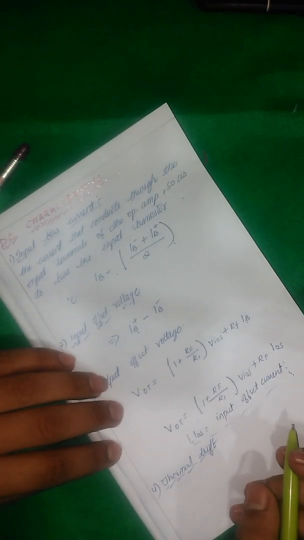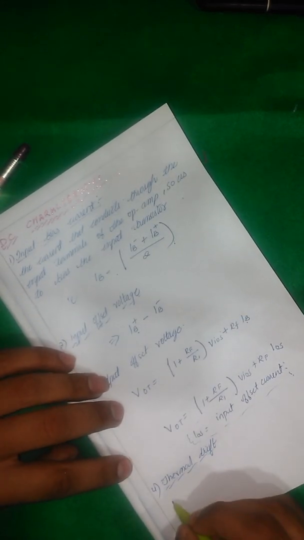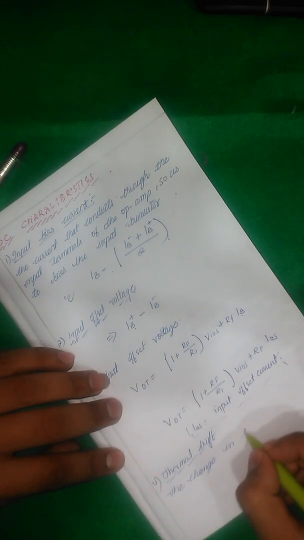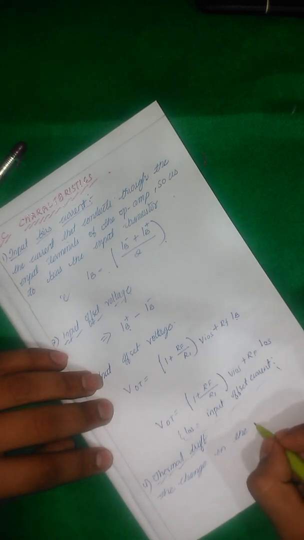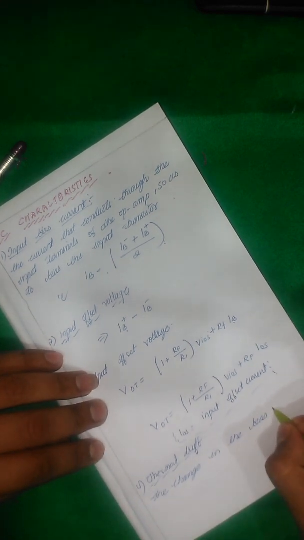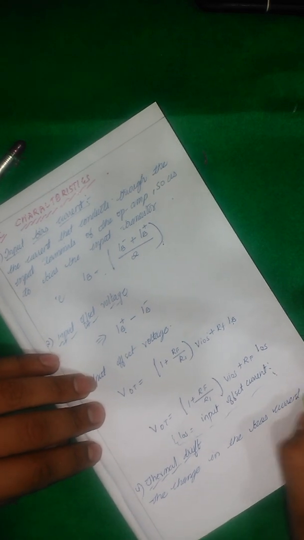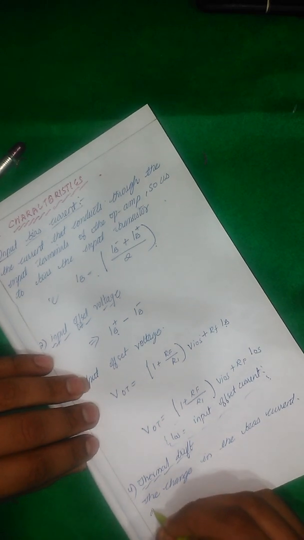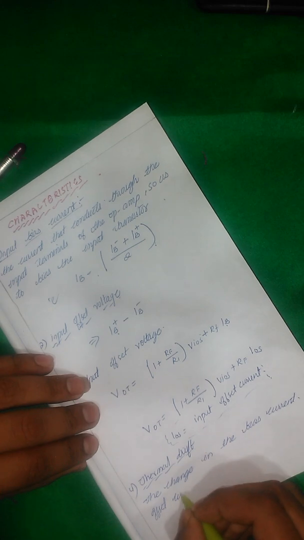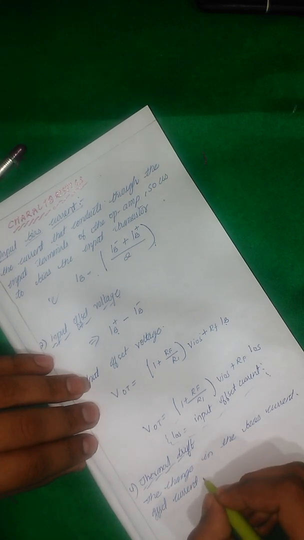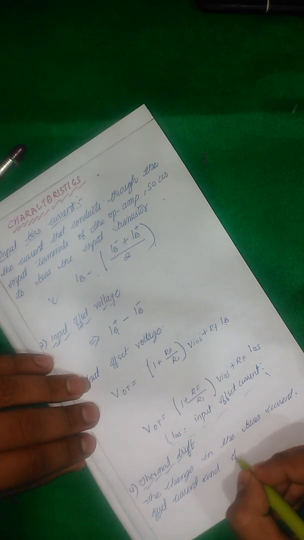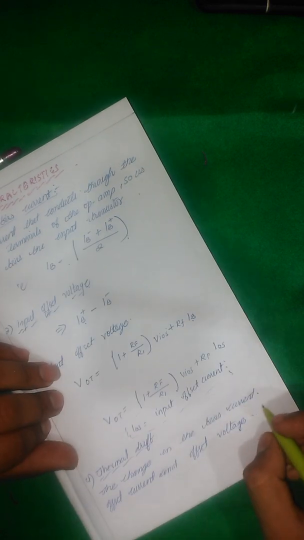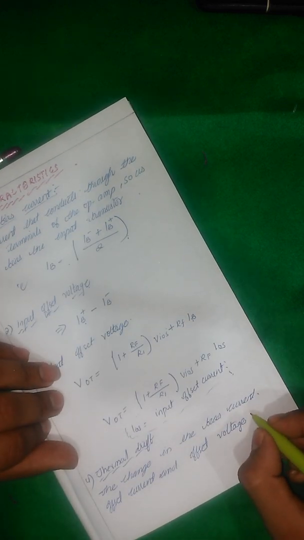Thermal drift is nothing but the change in the bias current, offset current and offset voltage with temperature.